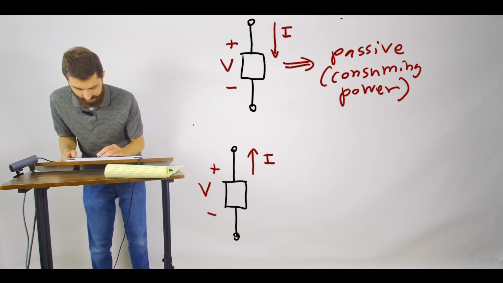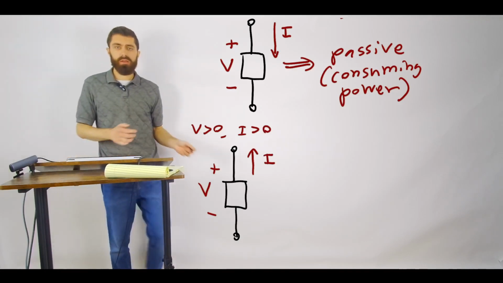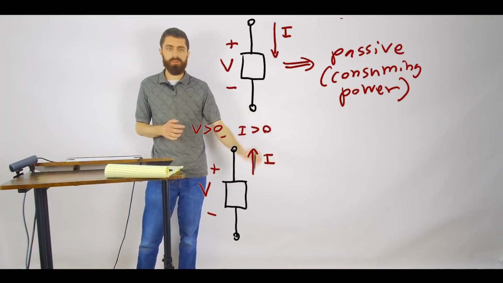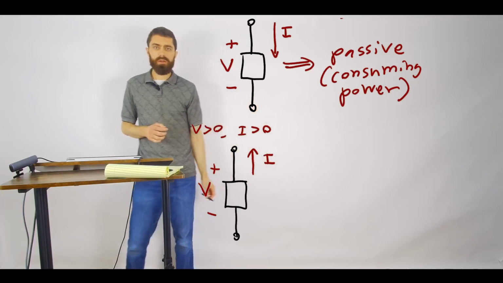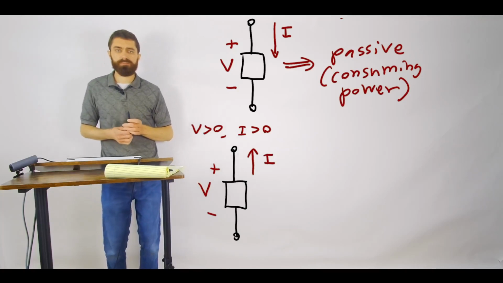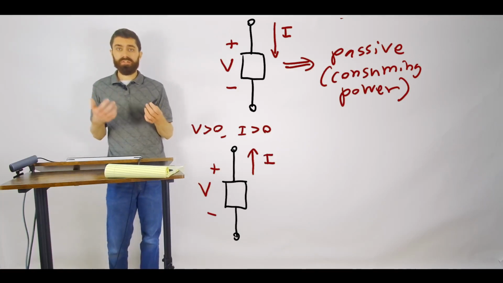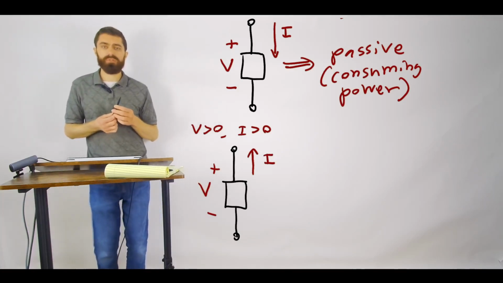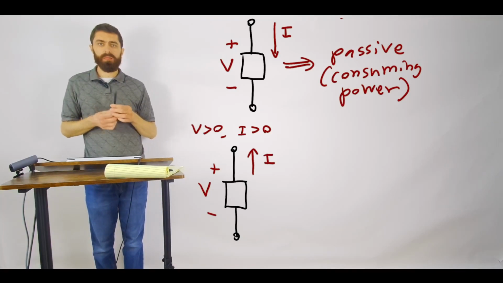And again, assume that V is positive and our variable I is positive as well. So you've got current flowing up here, and you've got the voltage in this orientation. And the question is, is it consuming power or is it producing power?